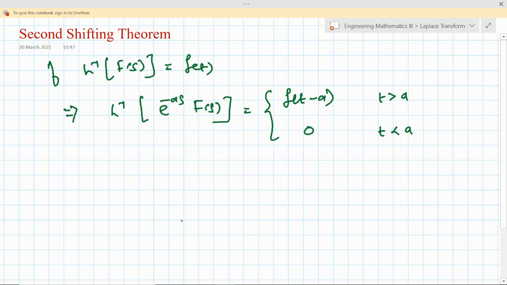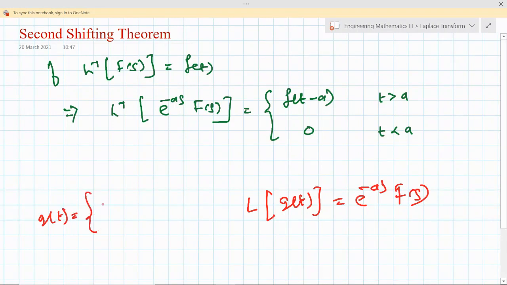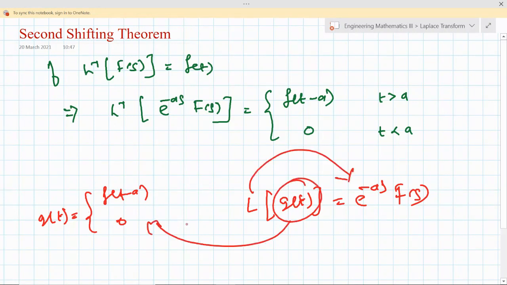If you remember, we have seen Laplace of this g of t is equal to e raised to minus as into F of s. So what is g of t here? g of t is nothing but f of t minus a and 0. We just take the inverse of this, we'll get g of t, and g of t is nothing but this.